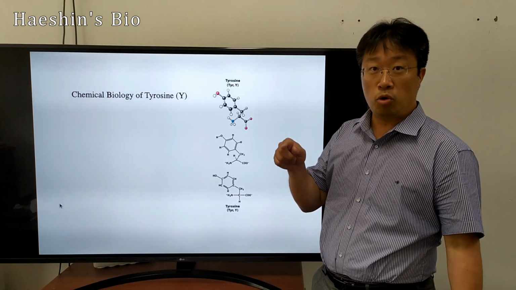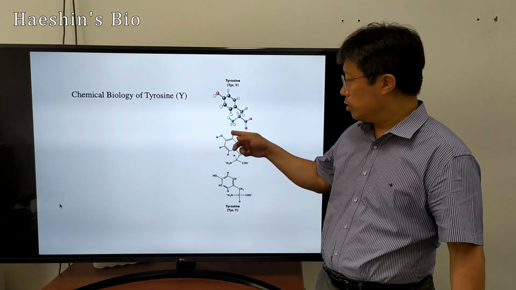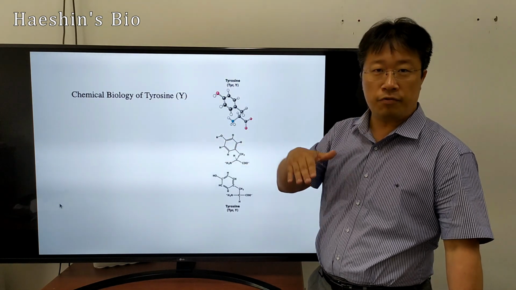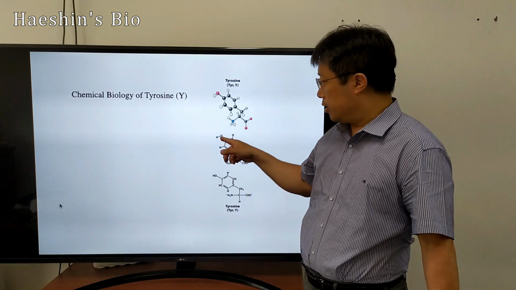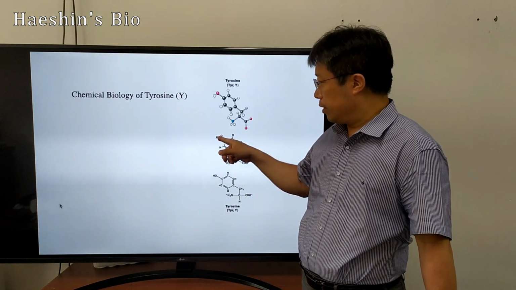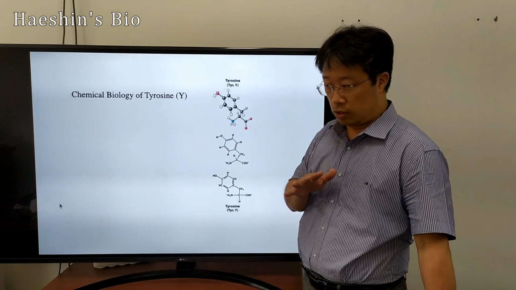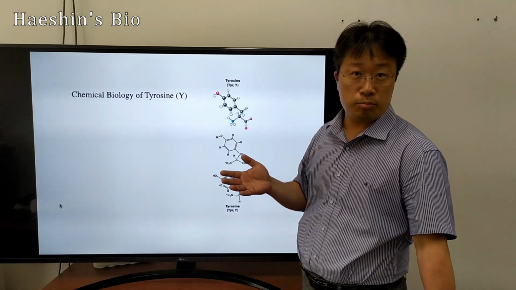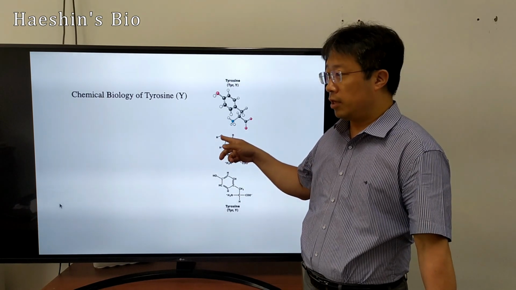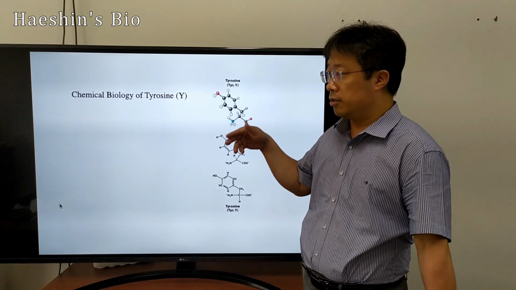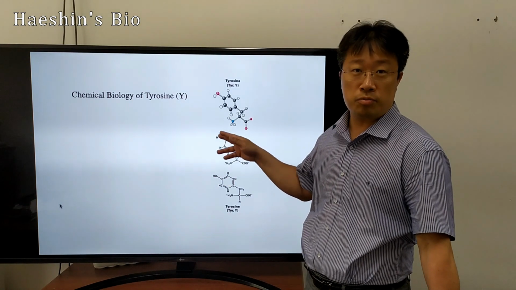Tyrosine can be located inside or outside, so the pKa varies. So the pKa is about 10, and the physiological pH is about 7.4. Usually this pKa is higher than the physiological pH, so it's protonated.